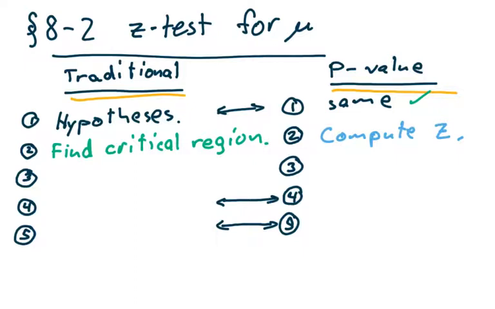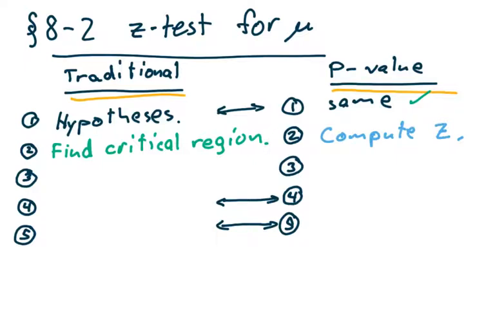Whereas with the p-value method, we just take all of the information from the problem, use the hypothesized value of mu that we had in H subscript 0, and compute the z-value for our sample. We just compute the test statistic. So that is the one place that is a little bit different.